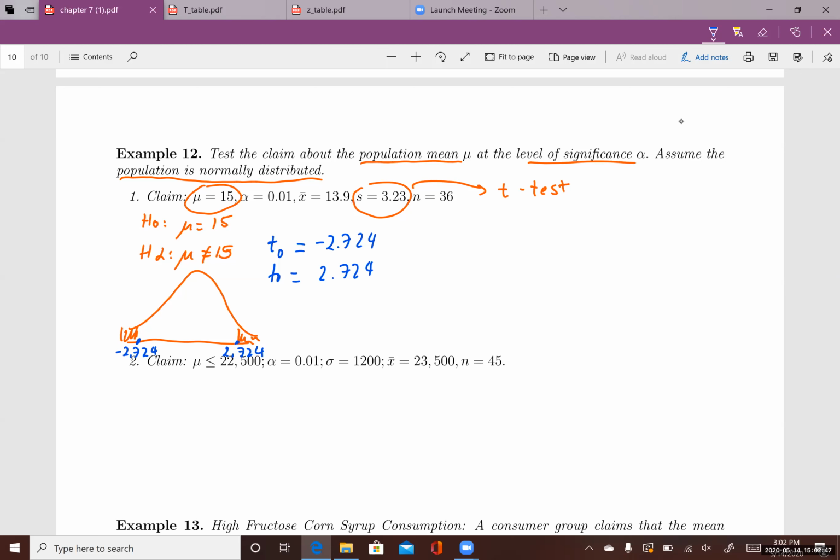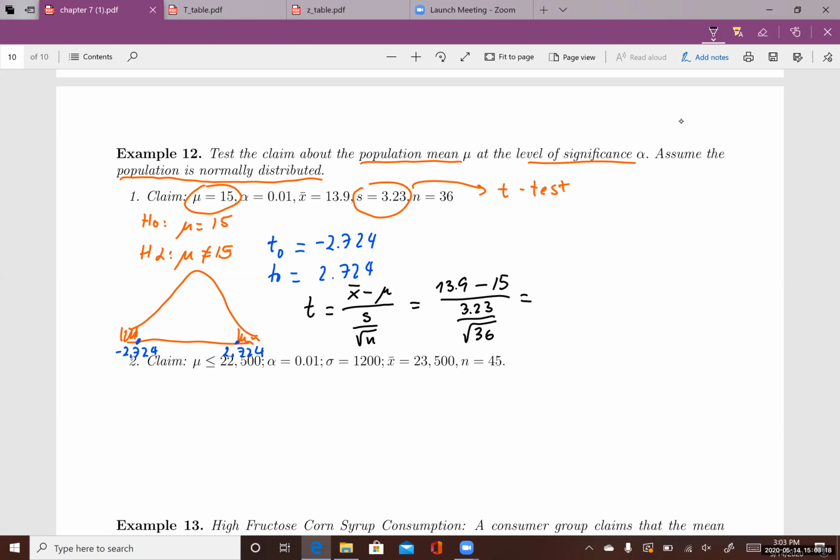And then I have to find the t standardized test statistic. So t equals x bar minus mu divided by s divided by square root of n. X bar is 13.9 minus mu is 15, divided by s is 3.23 divided by square root of 36.